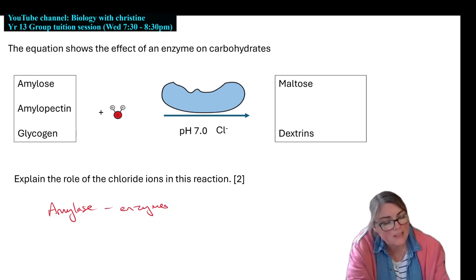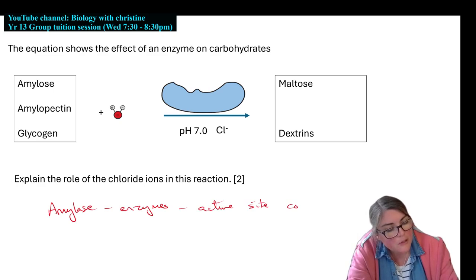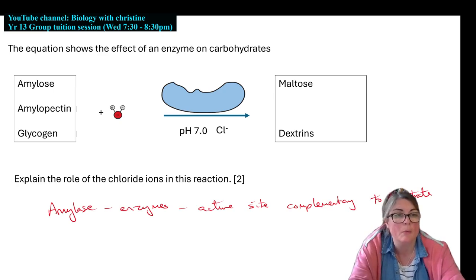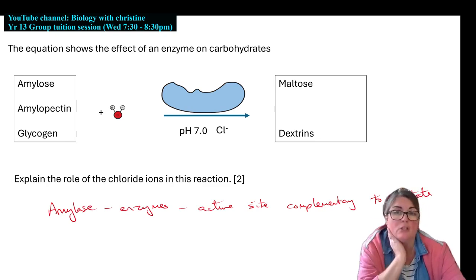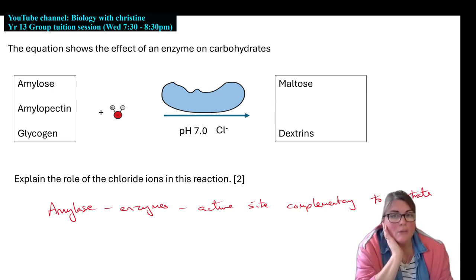Well, we know that enzymes need to have active sites that are complementary to the substrate that they're working on. Now, I'm not actually answering the question at the moment. What I'm doing right now is giving myself some information to think about how and why this might be important. This is an application question: they've given you some information and they want to see, do you actually know what it does? So what's the role of the chloride ion?